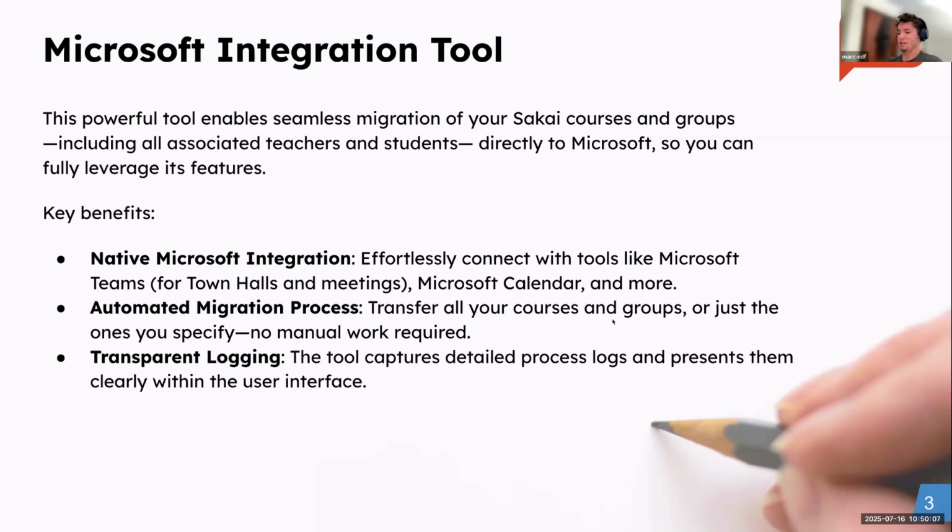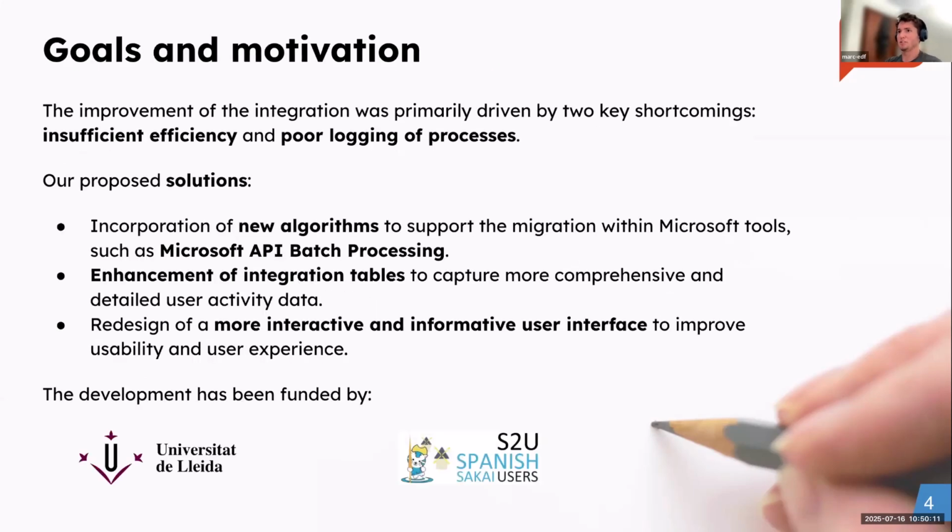The previous version was so poor, and that's one of the goals and the motivations: the previous version was not as efficient as the new one, and was poor in the logging process. Our proposed solution was to incorporate batch processing.